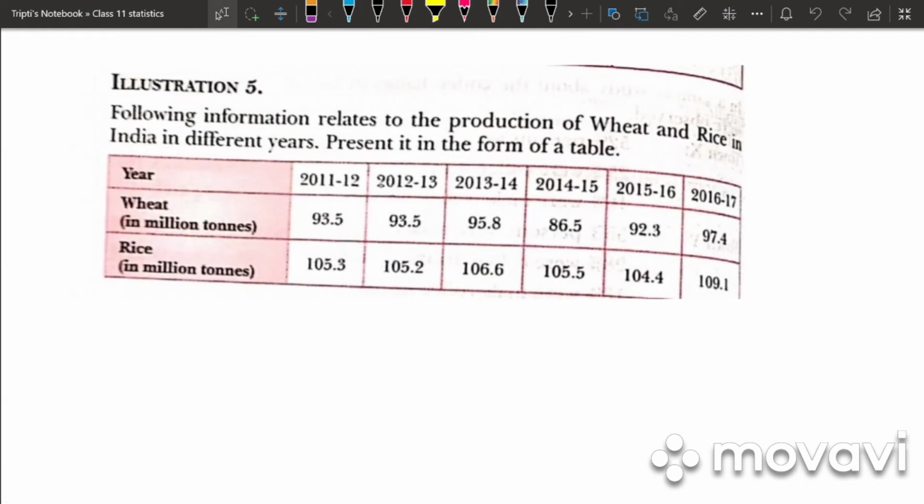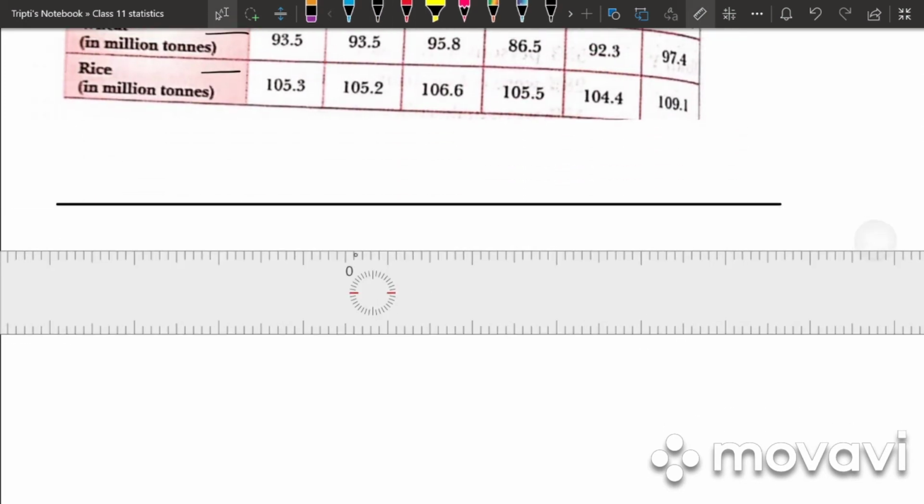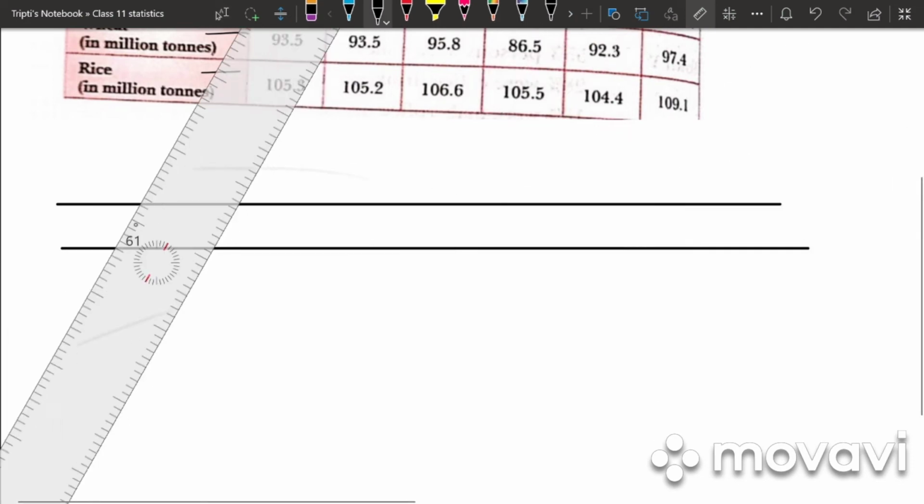Next, let's go on to illustration 5. The following information relates to the production of wheat and rice in India in different years. Present it in the form of a table. So they have given us years, wheat and rice. So we'll be having 4 columns as it is a very simple kind of problem.